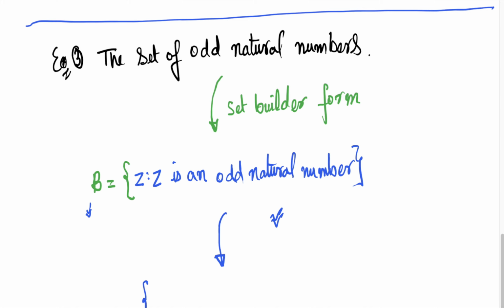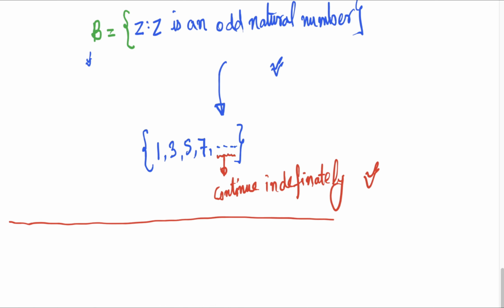We can write 1, 3, 5, 7, and so on. These dots tell us that the list of odd numbers continues indefinitely. So we have completed the set builder form. In the next video, we are going to solve a few problems related to set builder form.